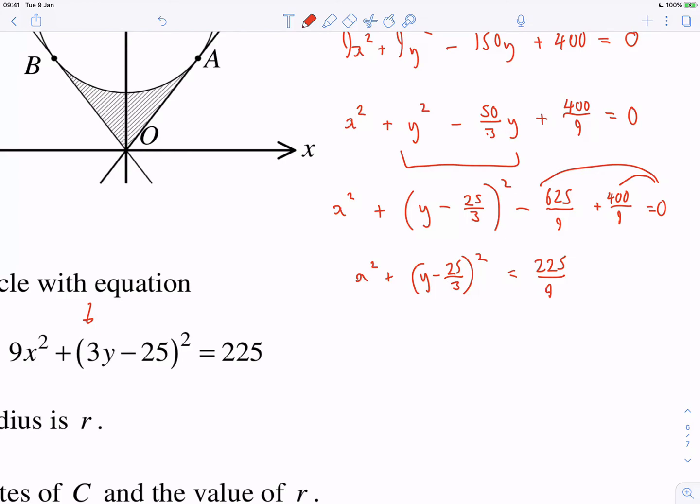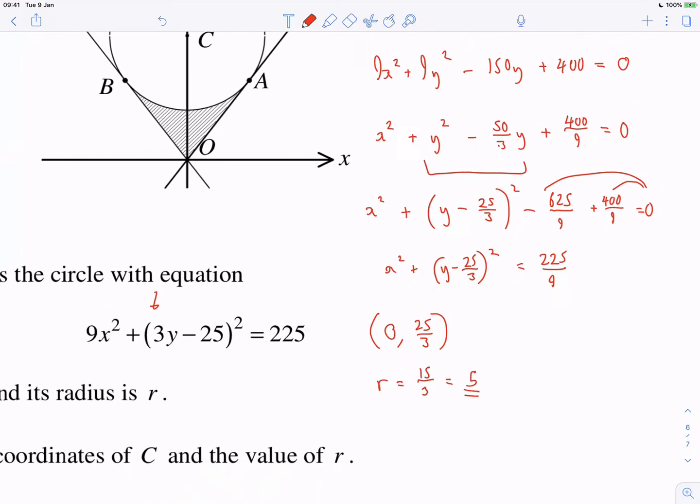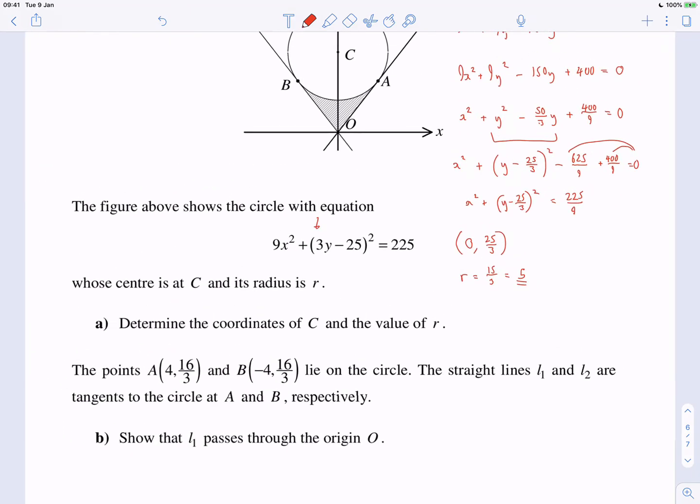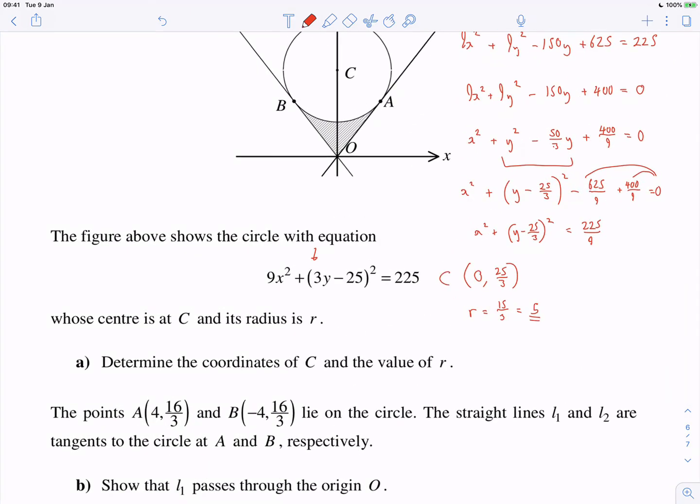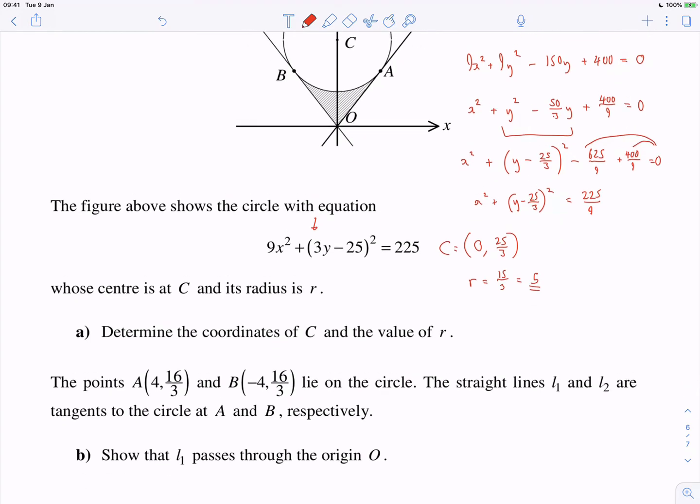In actual fact, you'll have a centre of x is 0, y is positive 25 over 3, and the radius is going to be the square root of 225, which is 15, over the square root of 9, which is 3, and 15 over 3 means the radius is 5. Okay, so the coordinates of C are 0 and 25 over 3, and the radius is 5.